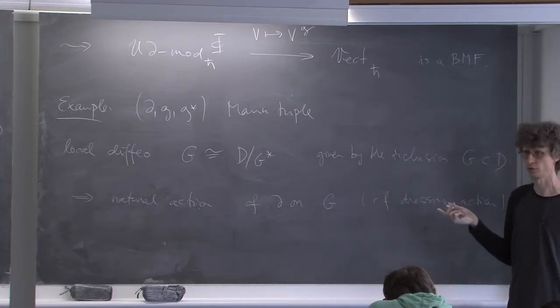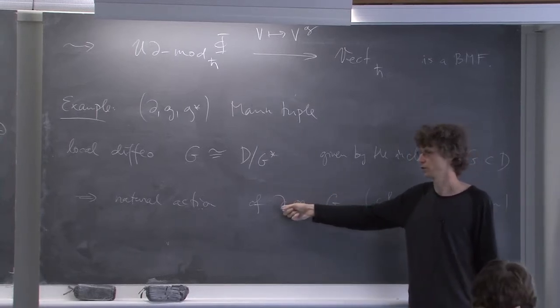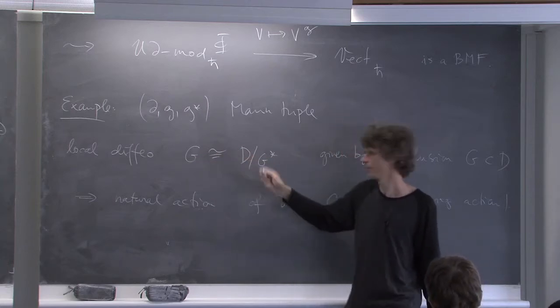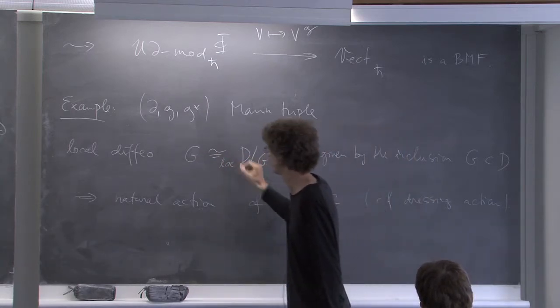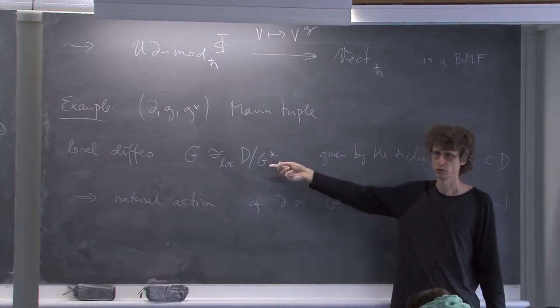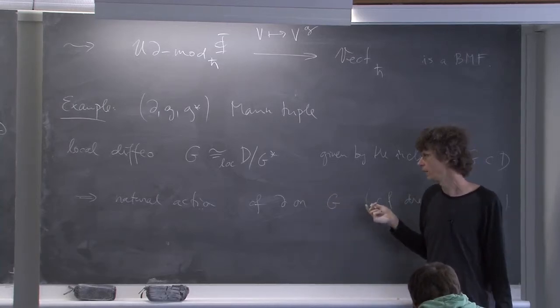So there is a natural action of the Lie algebra, right? We don't really have an action of the Lie group if we cannot identify these two spaces. But the local identification is perfectly enough for having a Lie algebra action.